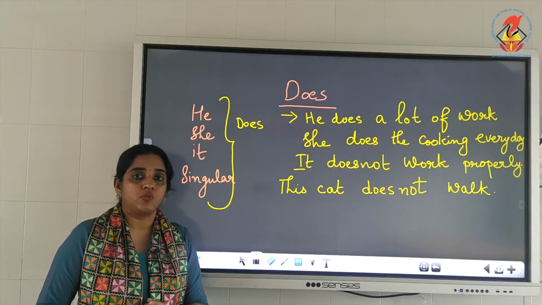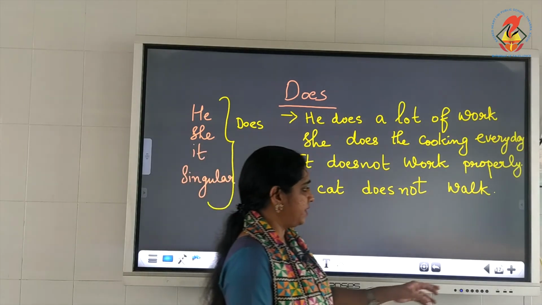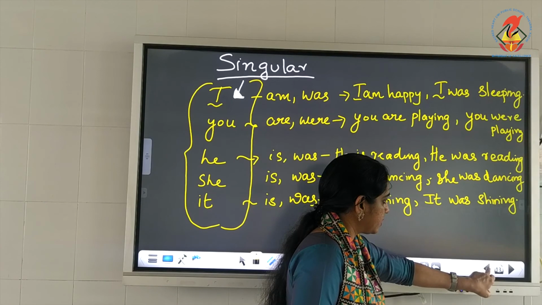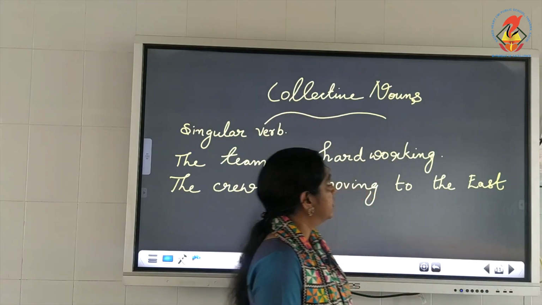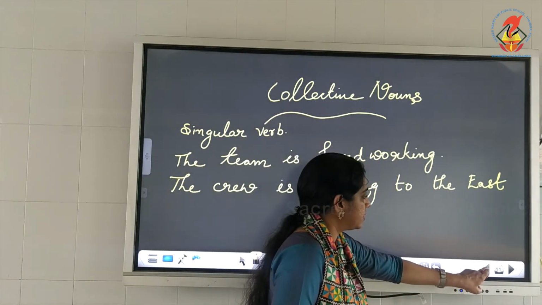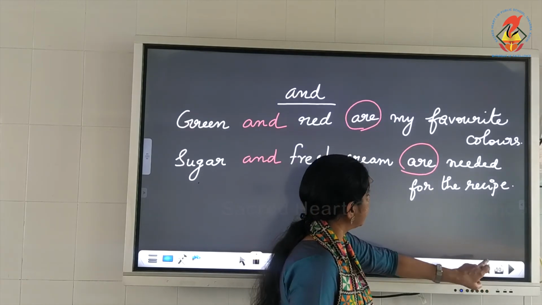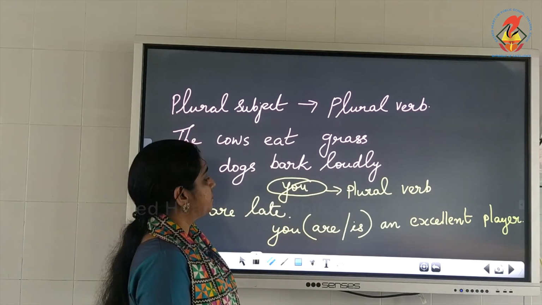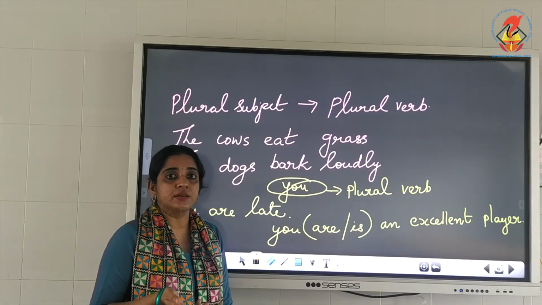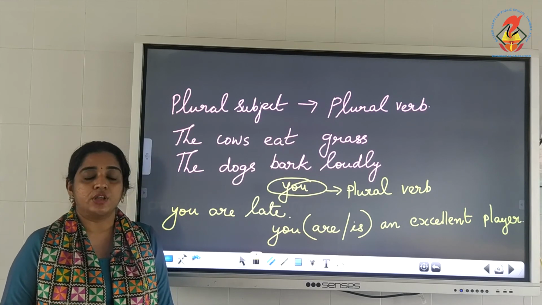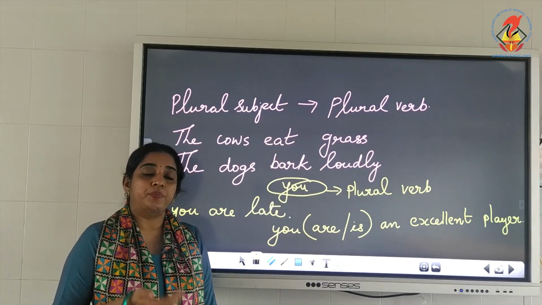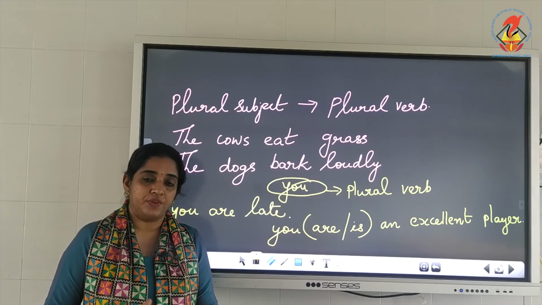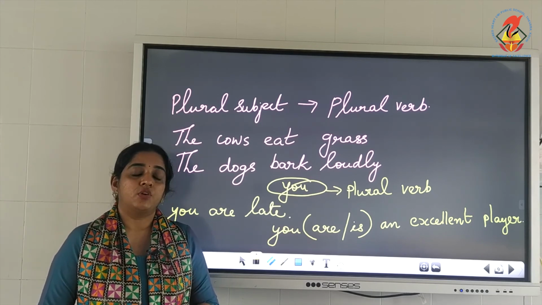So, let us recall what we have studied. We have studied that verbs can be taken according to singular and plurals, is it? For a singular subject you use a singular verb. Singular verb means verb with S. For plurals you use the plural form of the verb, that is verb without S. Then what did we study?